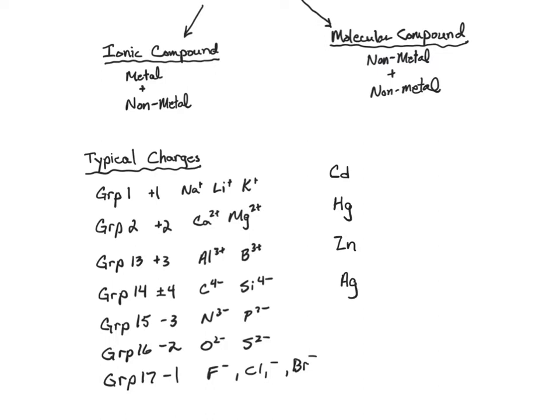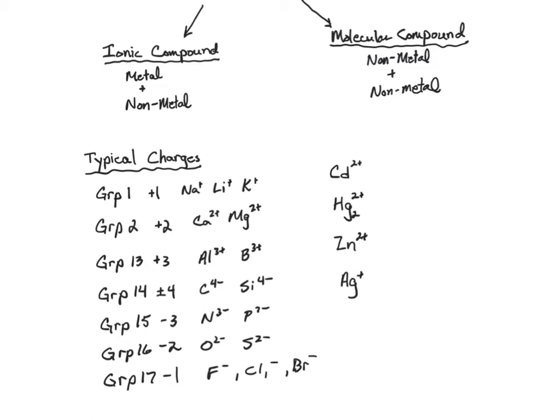Okay, and cadmium always takes on a +2 charge, zinc's a +2, silver is a +1. Mercury, we're usually talking about the dimercury ion, which is going to be 2+ as well. Okay, and it's expected that you know the charges for all of these elements.